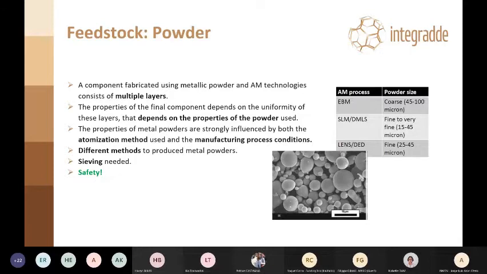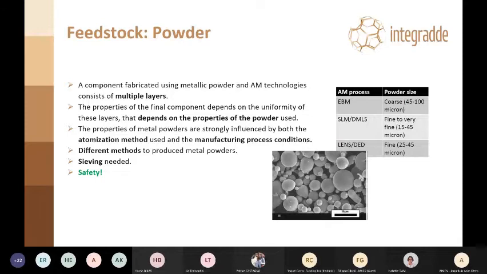We also need sieving of these powders, because as you can see in the table on the right, for example, for DED we can use a fine powder size between 25 and 45 micron, but depending on the precision rate needed for the specific application, we may even go to powder sizes between 45 and 100 micron, which are also used, for example, in electron beam melting.